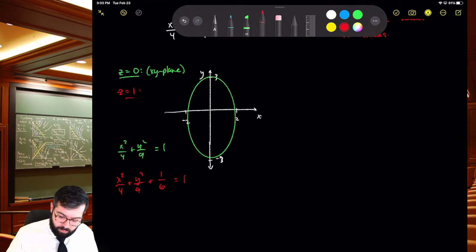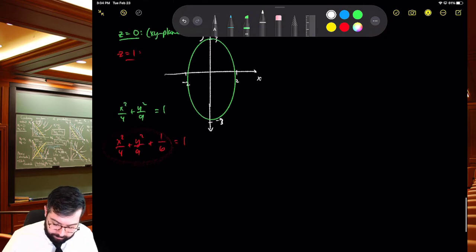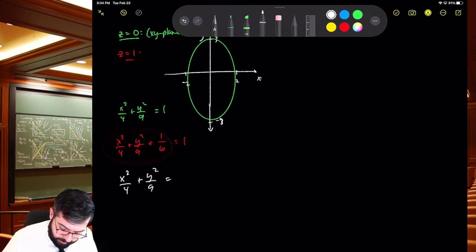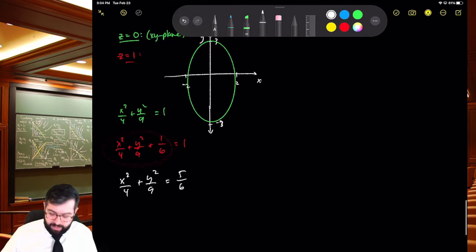And so what you can do is solve for this x squared plus y squared piece on the left. x squared over 4 plus y squared over 9 equals 5/6. And then drive both sides to 1.